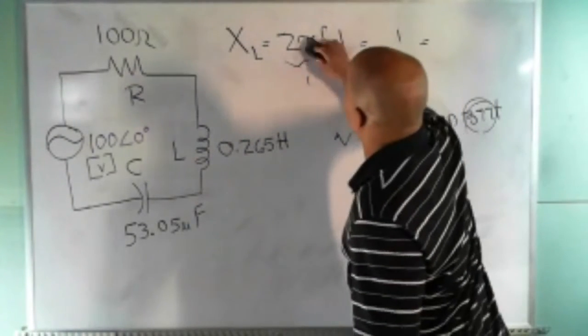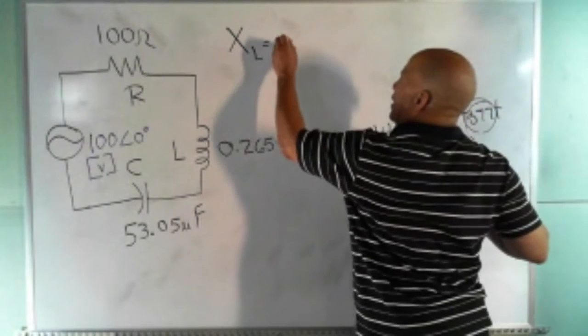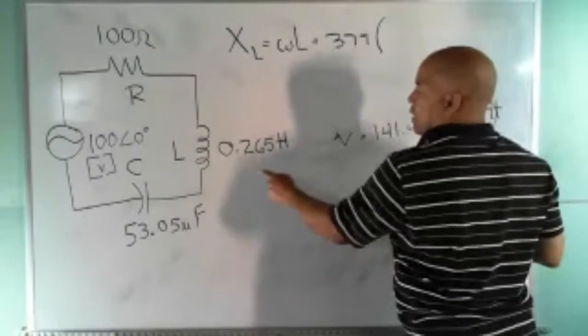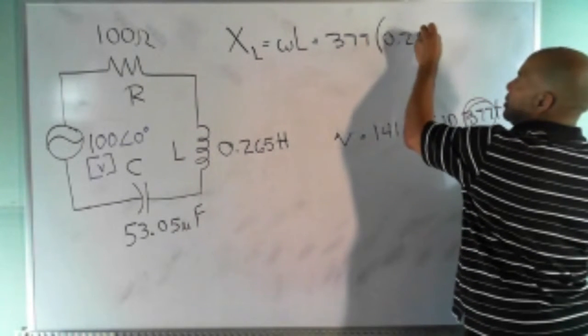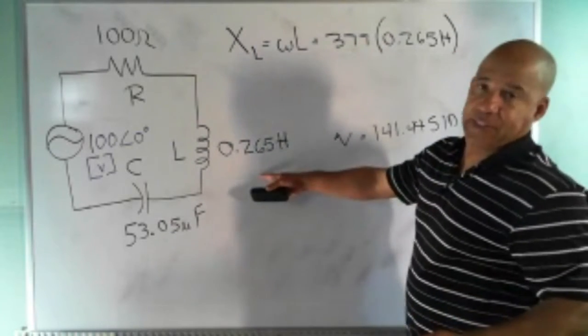So this is going to be omega L, 377 times L, and that will convert this to XL.